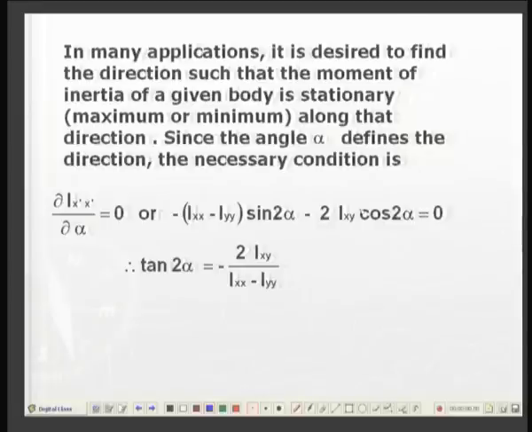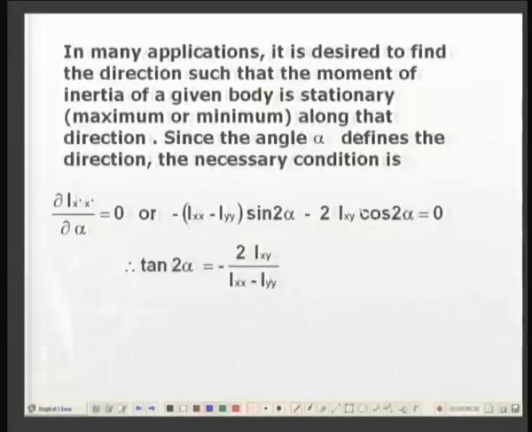So, whenever you find that a given plate has a 0 product of inertia, then the coordinate axes themselves are the principal axis of inertia. You do not have to do any further calculation, and along one axis the inertia will be maximum and along the other axis it will be minimum.